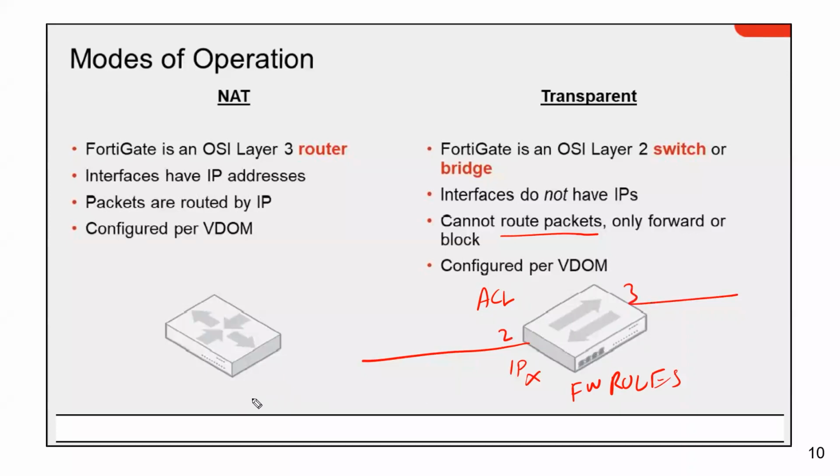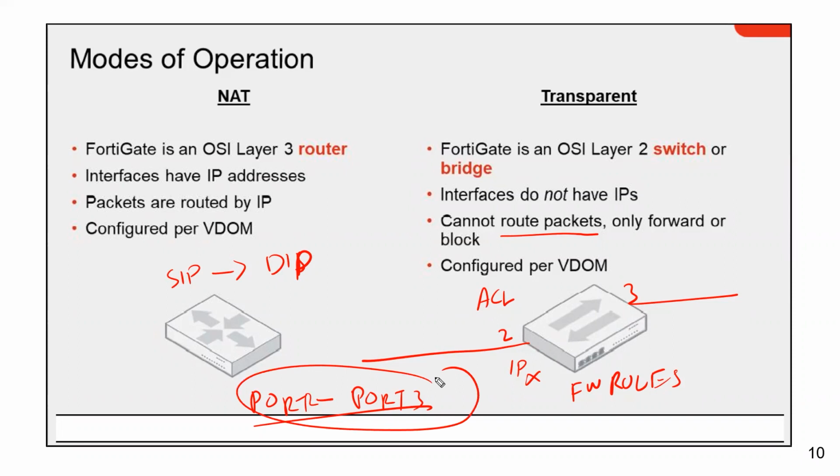So you'll create a firewall rule for port 2 to port 3. Okay, that is how you'll create the rule. In NAT mode, you'll create the rule with the source IP going to a specific destination IP, right? But that is in the NAT mode. In transparent mode, you need to configure on the port level because again, no IPs, right?